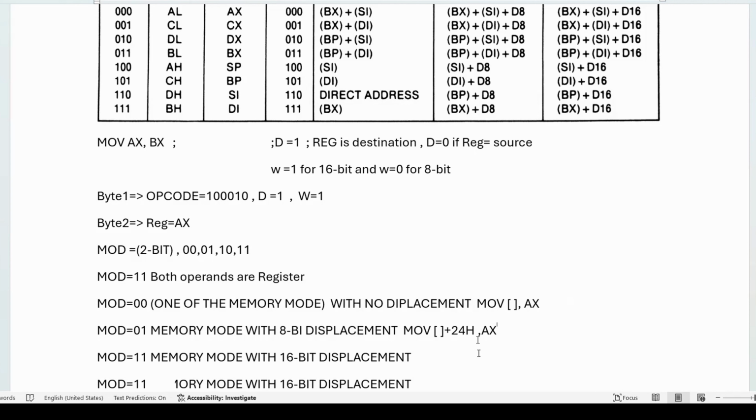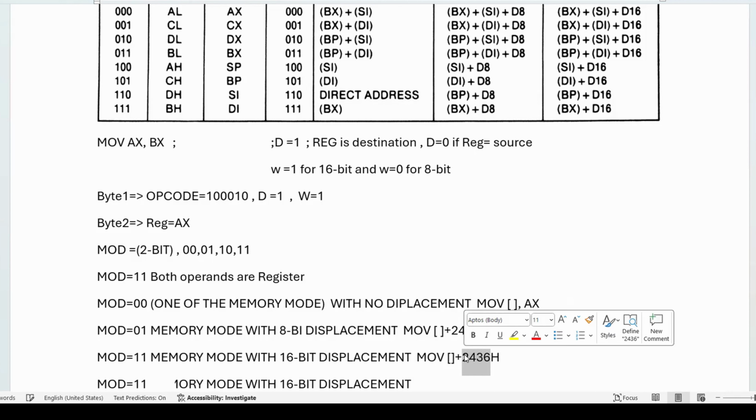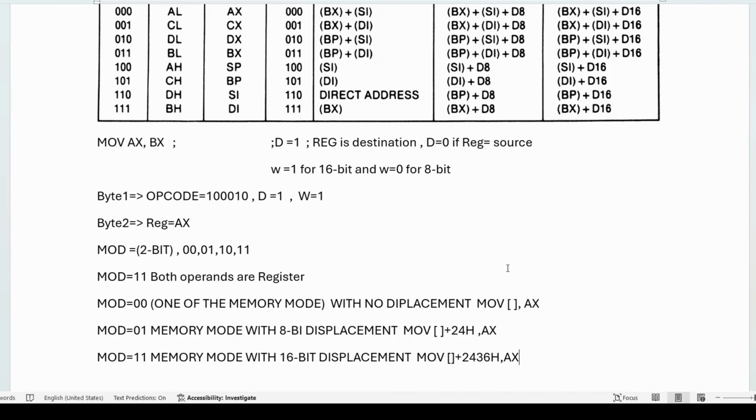Similarly, if I'm going to talk about 16-bit displacement, that means memory mode plus some 16-bit value, that means 2436 hex. Now you see that these are 4 hexadecimal digits. Every hexadecimal digit is equal to 4 bits. So these are 16 bits, comma AX. So I have just given you 3 different versions of the same instruction.